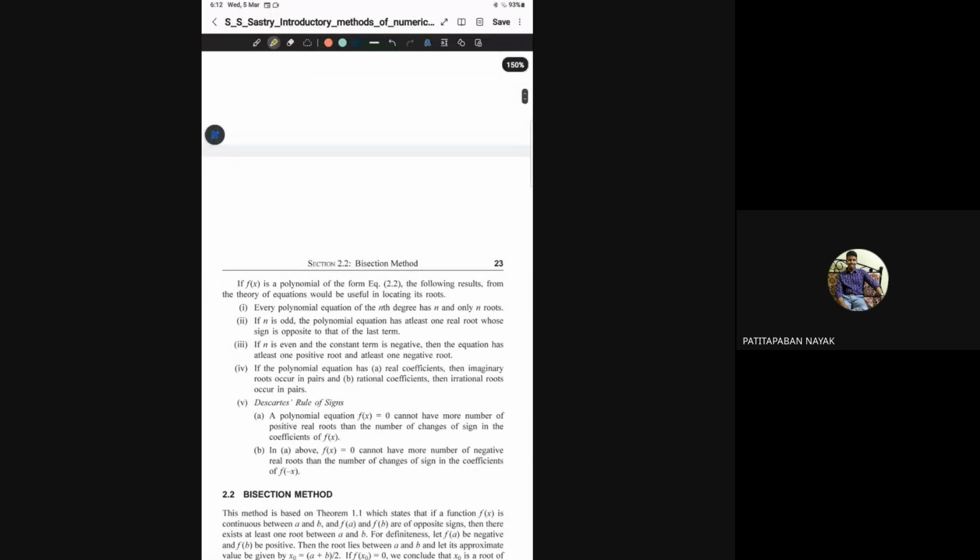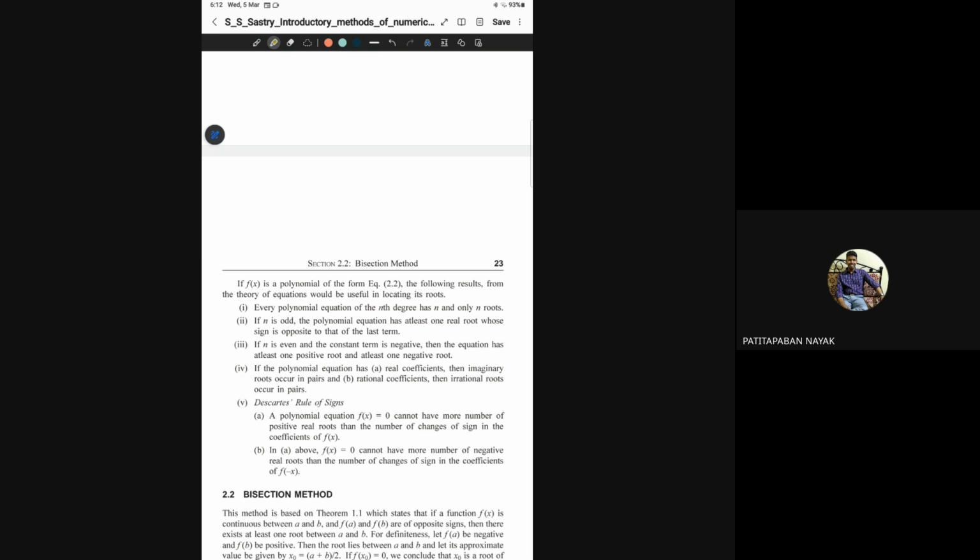These are like observations: every polynomial equation of nth degree has n and only n roots. So if it is a quadratic equation, it will have two roots. If it is a cubic equation, it will have three roots. It will not have four roots, or two roots. It will only have three roots. Cubic equation, three roots. Quadratic equation, two roots. Nth order polynomial, n roots.